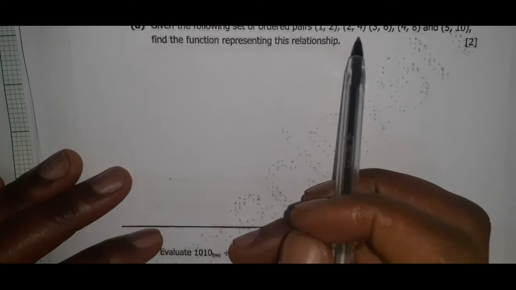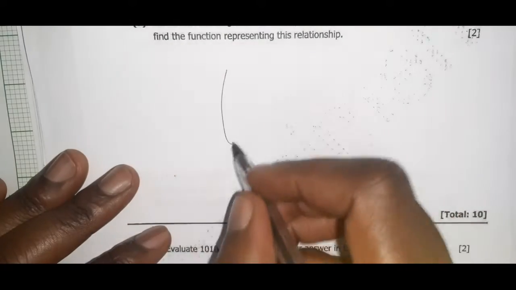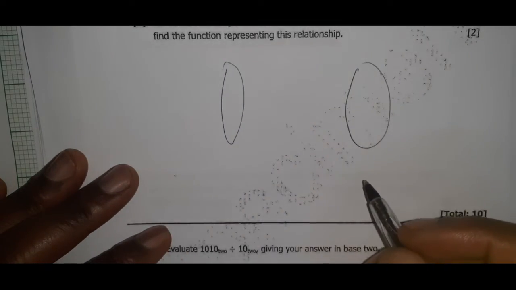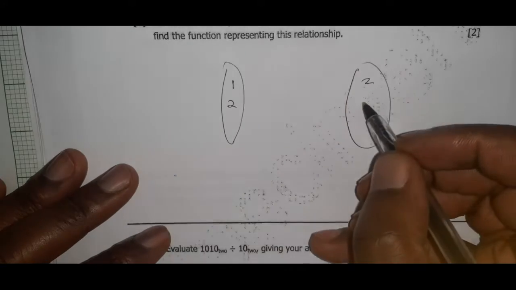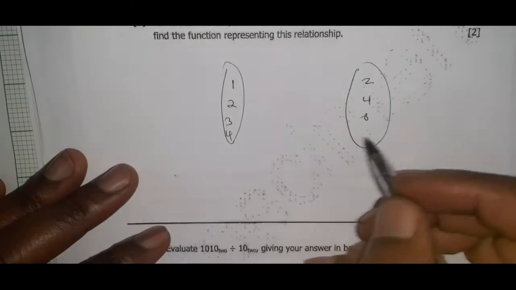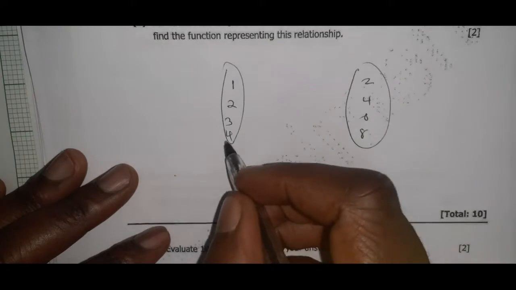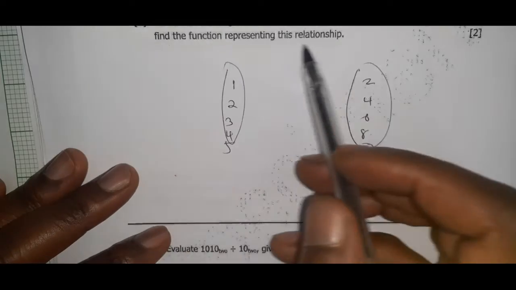given the following sets of order. Okay, so it's like we have this kind of an arrangement, isn't it? 1 is going to 2, 2 is going to 4, 3 is going to 6, 4 is going to 8, 5 is going to 10. Find the function representing.